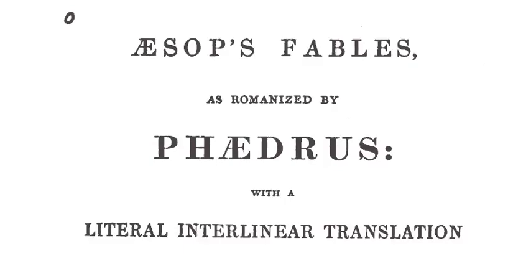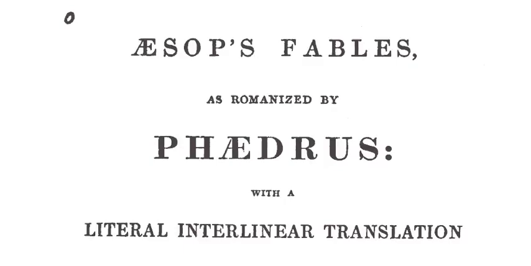In this recording, I'm just going to discuss the system used by John Taylor to produce his interlinear texts, Aesop's Fables, as romanized by Phædrus, with a literal interlinear translation.